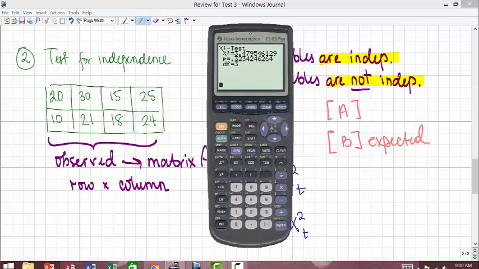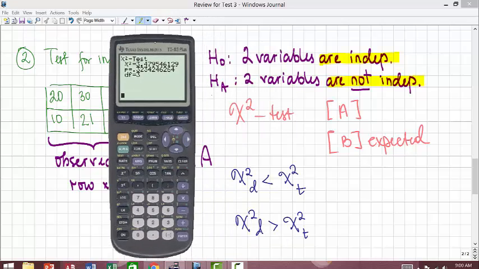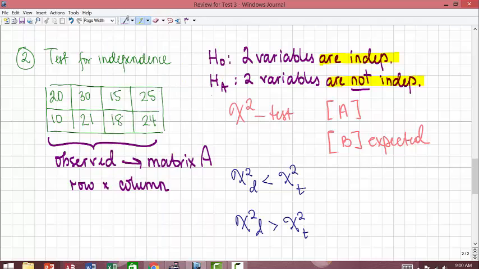Now, the chi-square of the table, I'm going to give it to you. But the conclusion here is exactly the same as before, for goodness of fit. If chi-square of the data is less than chi-square of the table, then we fail to reject. Okay? Do not reject H naught. Okay?